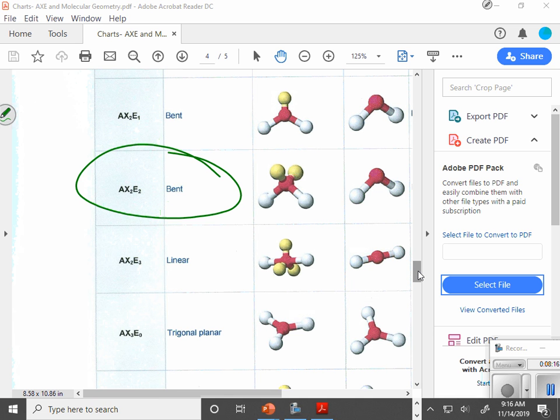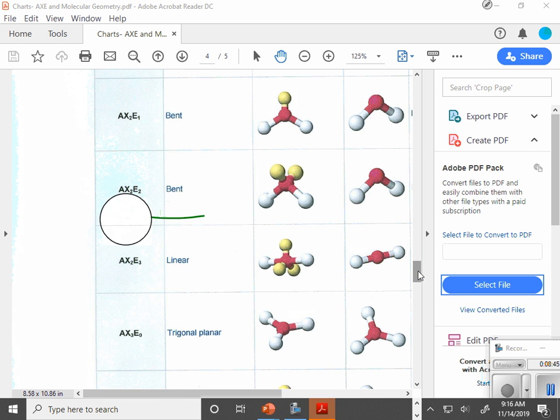Now remember, the one right above it is also bent. I have two bents, and the difference is this E2 and an E1. So I'm doing the bent here that is AX2E2. So when I go back to my other projection, I need to make sure that I have two unshared pairs, not one unshared pair.